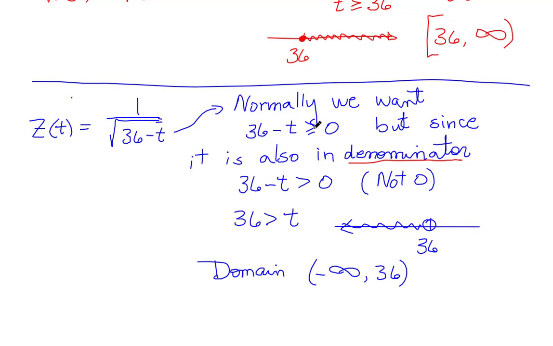So I can't allow it to be 0, but it's still greater than. So 36 bigger than t, so that's everything under 36, got an open dot, which gives me the parenthesis on the 36.